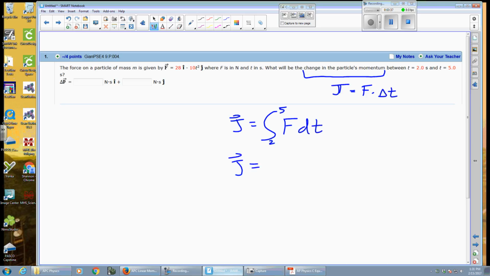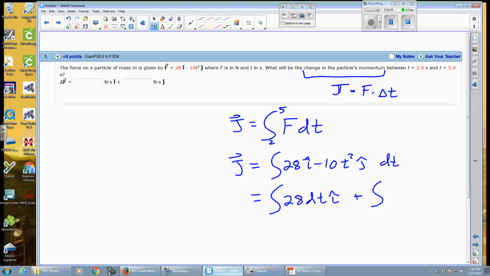The integral of 28 i minus 10 t squared j, all dt, can be broken into the integral of 28 dt i plus the integral of -10 t squared dt j.